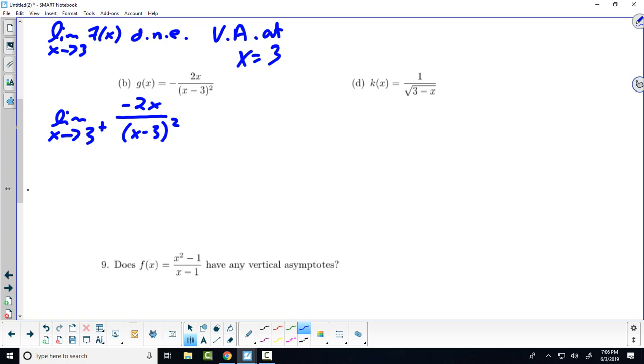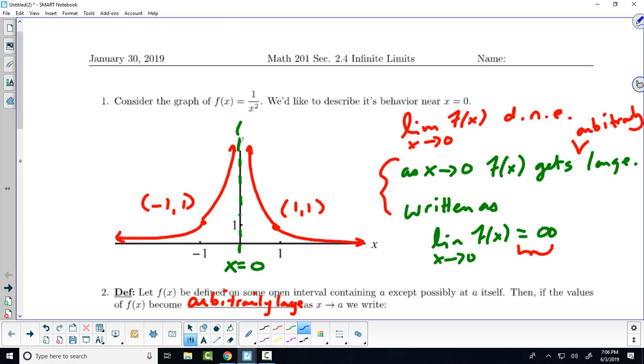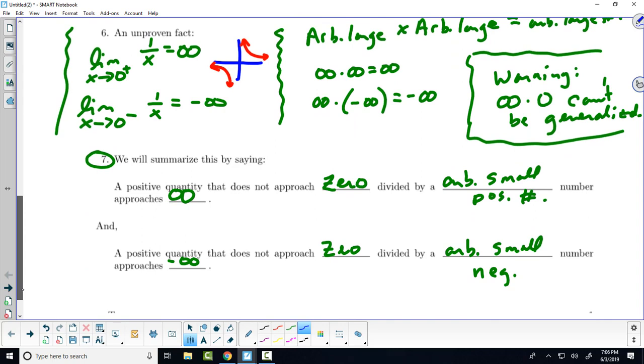That's positive. So a fixed negative number divided by something that's arbitrarily small and positive is going to come out to be, no hands, no work required, no justification from you, negative infinity. Okay. All of that boils down to some extension of 6 and 7 here.